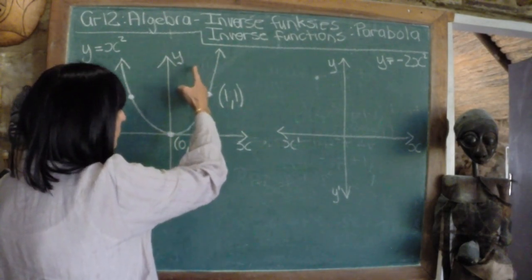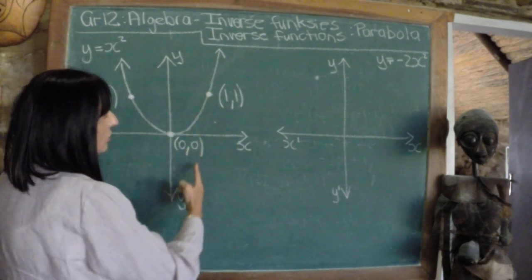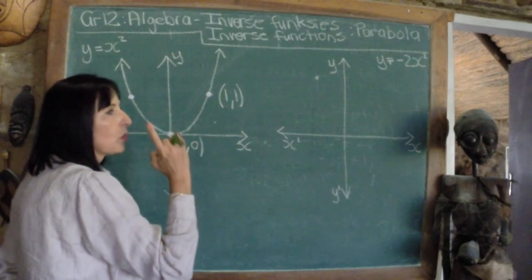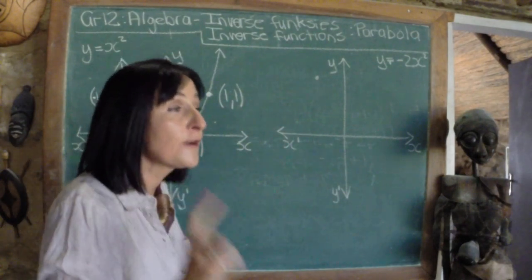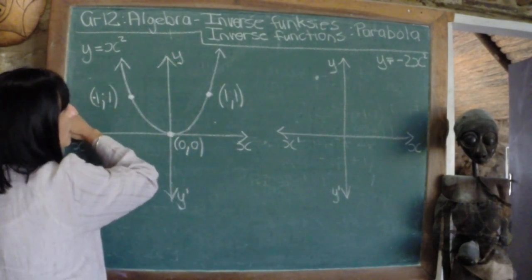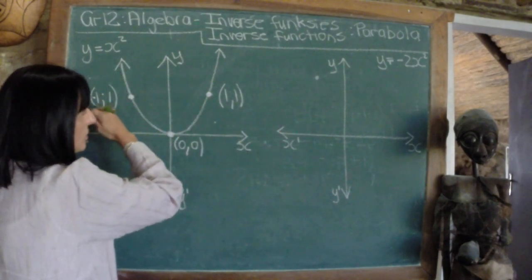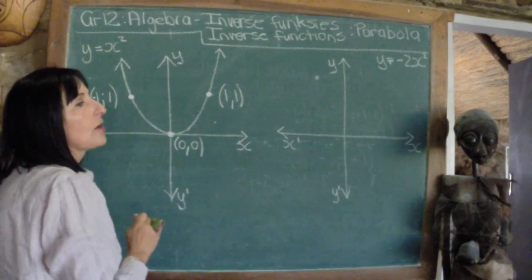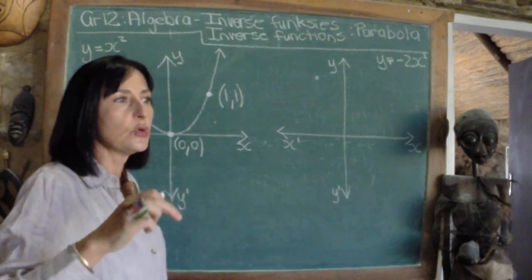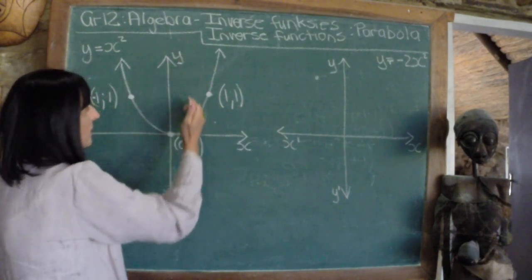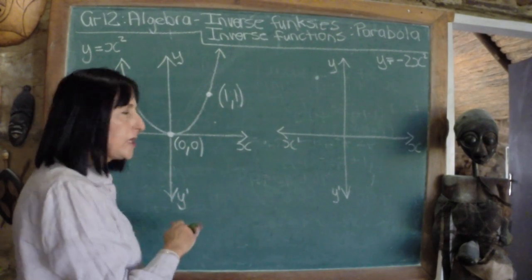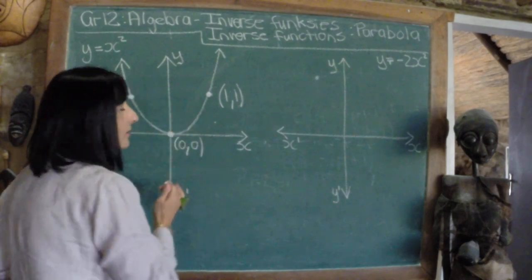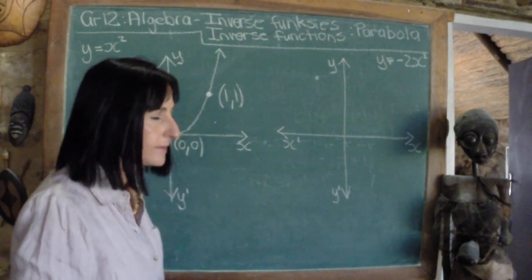If you do the horizontal line test, then it cuts my function twice, so that's why it's a more to one function. Die vertikale lyn toets sê of dit 'n funksie is of nie, die horisontale lyn toets sê watter tipe funksie dit is, as ek al reeds gesien het, dit is 'n funksie.